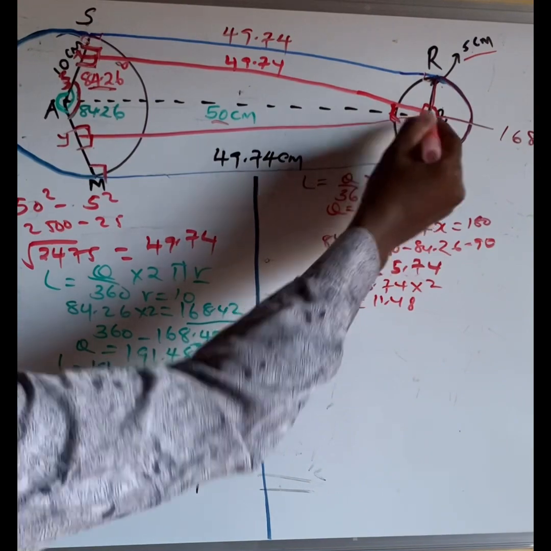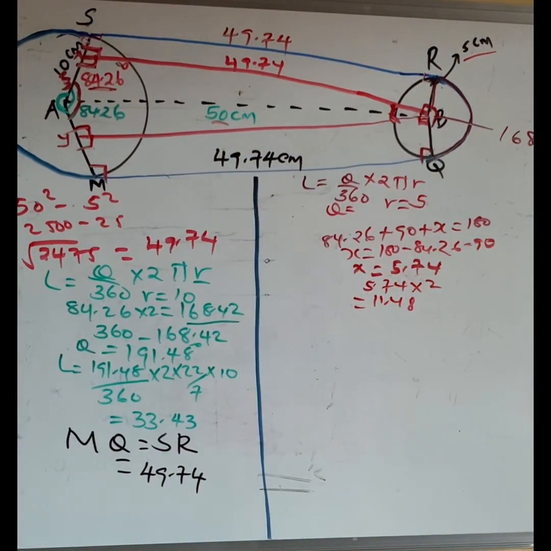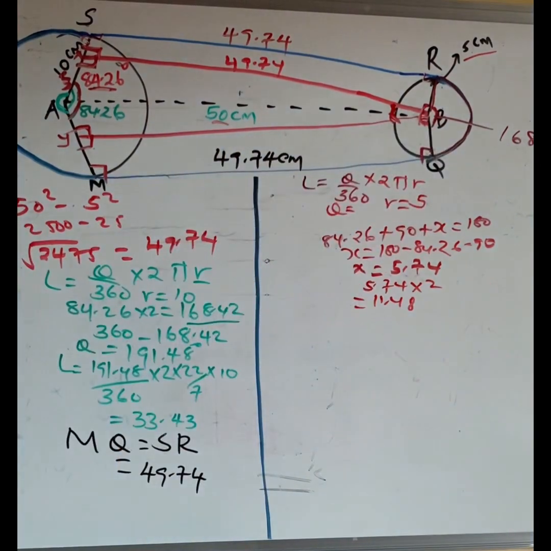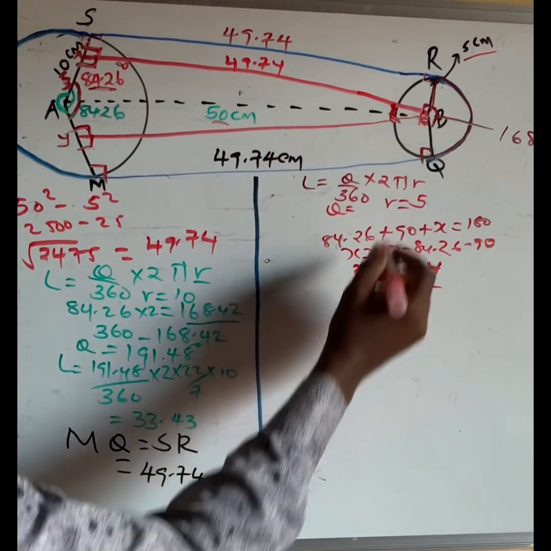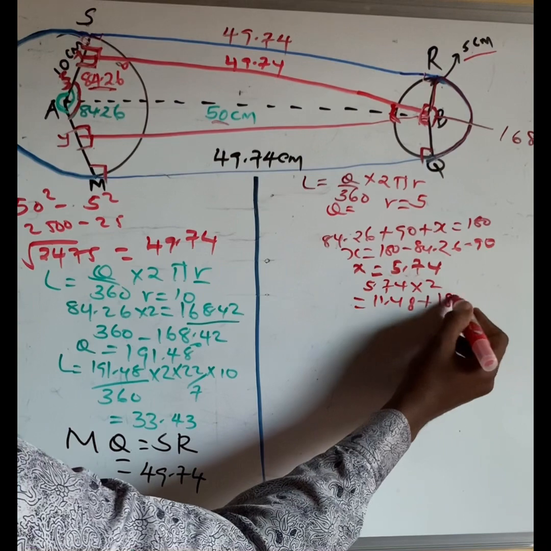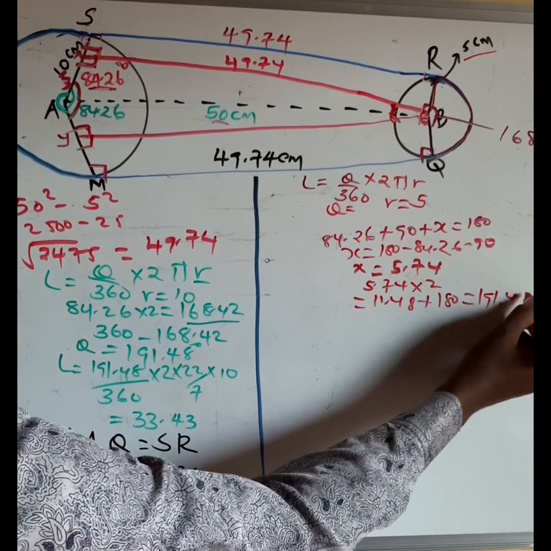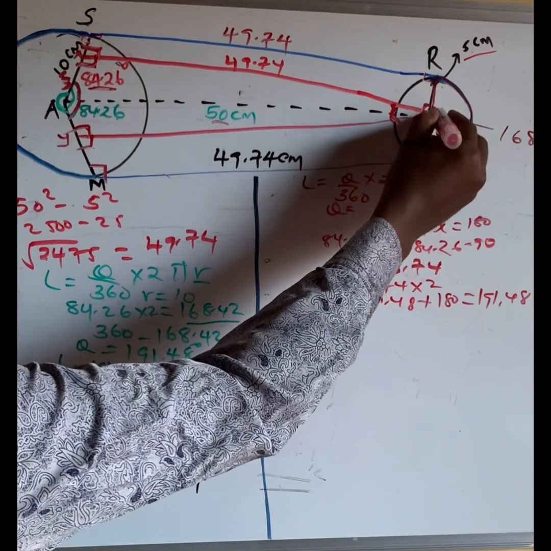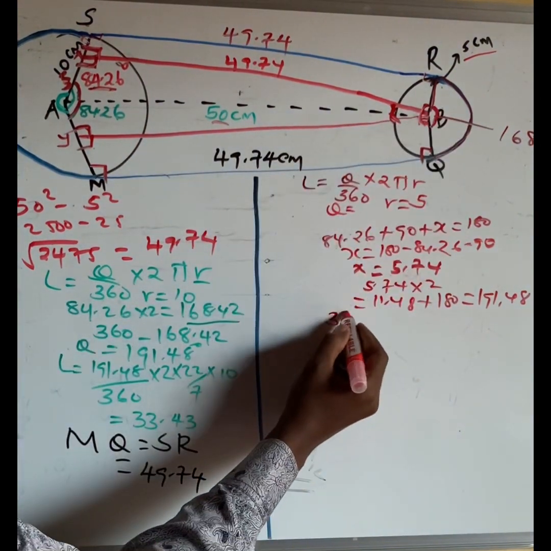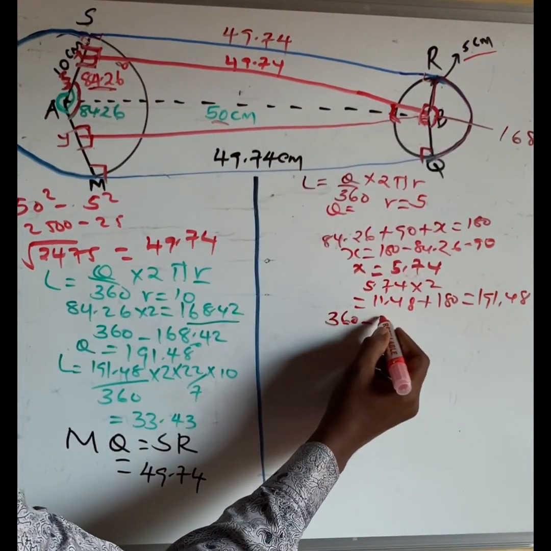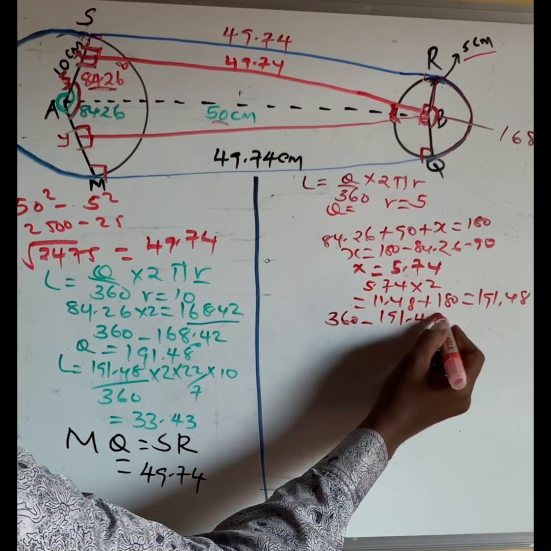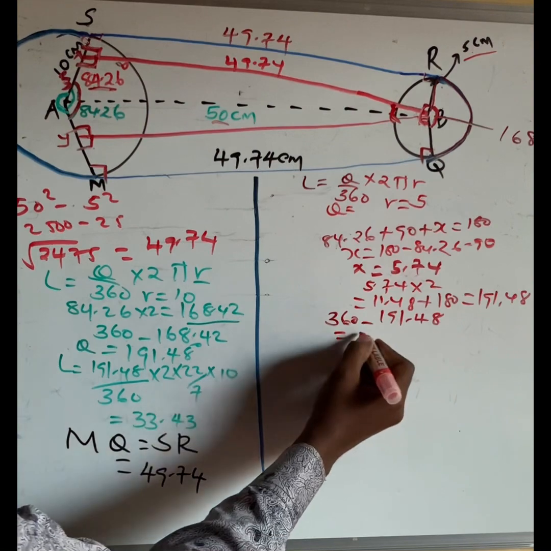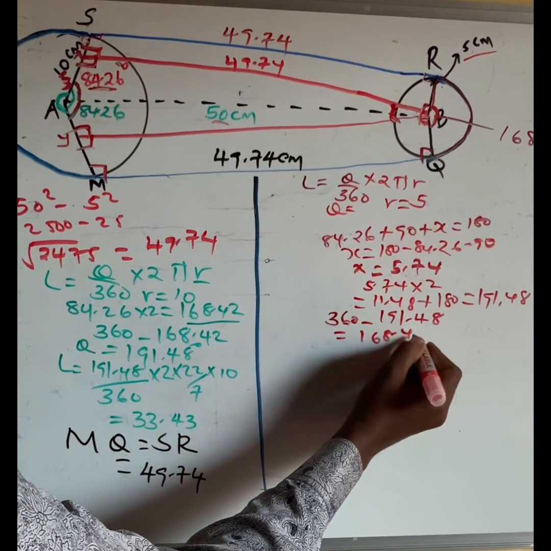We expect this one also to be 90 degrees, which means that the whole of this angle you see here will be 11.48 plus 180, which is 191.48. The total angle. So if we want to get this one, it is 360 minus 191.48, which gives us 168.42.